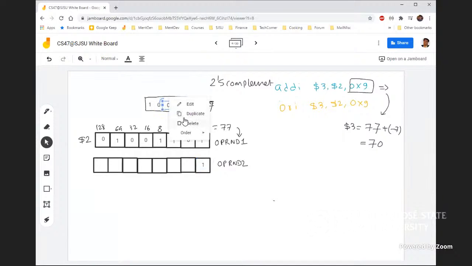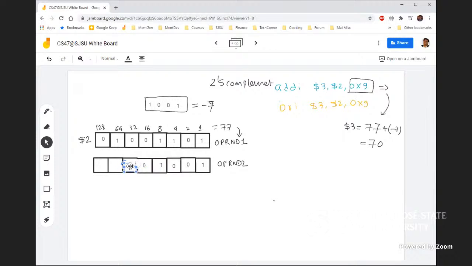1, 0, 0, 1. That is the 4-bit, right? Half the bit length. So what will happen to the rest? Someone can say, why don't we just put zeros, because that's the natural electronic value in these systems?